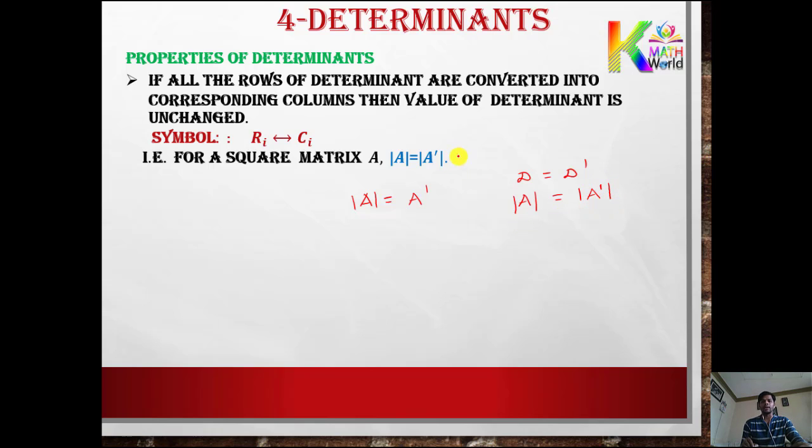It means you can say determinant A equals to determinant of A transpose. From this property you can conclude this result also.